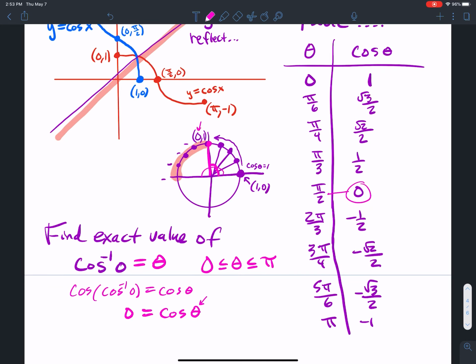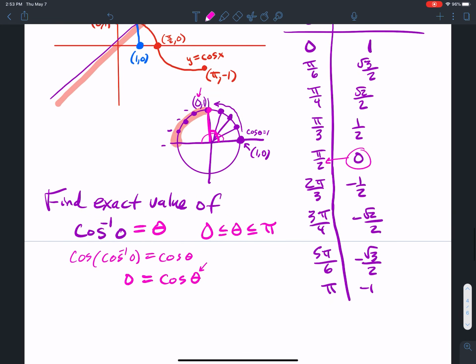That's what this is telling me. So theta would be pi over 2. And this is good for us because pi over 2 is between 0 and pi. If it lies outside of that range, then it's not allowed.